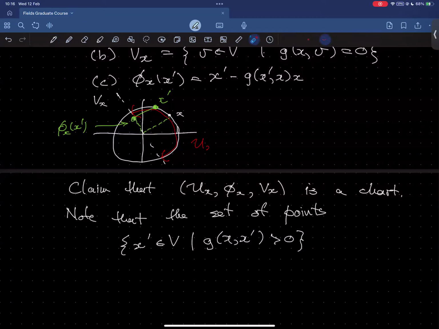Now I'm not just talking about the points in S, I'm talking about everything out here. So that's what this is. Okay, this is open.